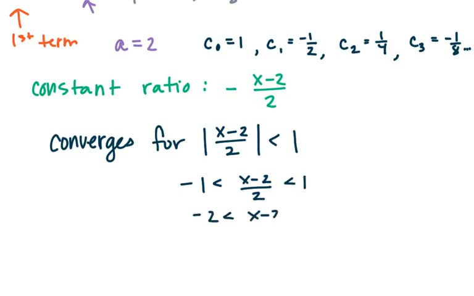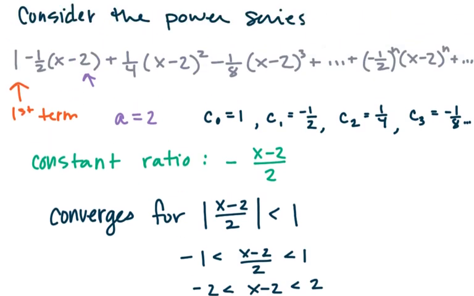-2 less than x minus 2 less than 2. Add the 2 to both sides. I've got 0 is less than x is less than 4. So as long as my x value is between 0 and 4, I know that this geometric power series is going to converge.